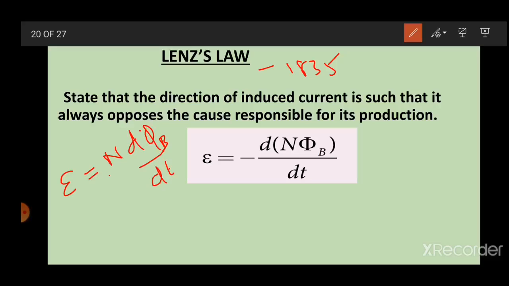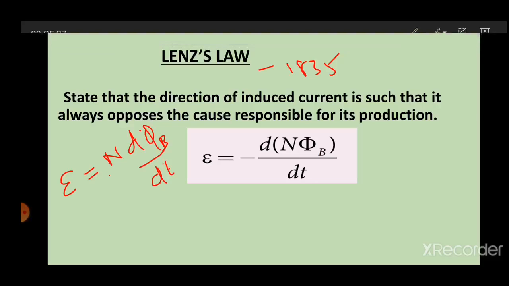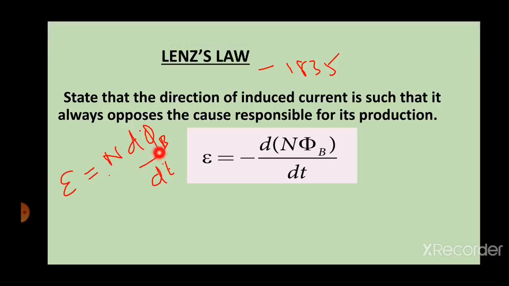So student, if the coil has N number of turns and φ is the magnetic flux linked with each turn of the coil, then the total magnetic flux linked with the coil at any time is Nφ_B.